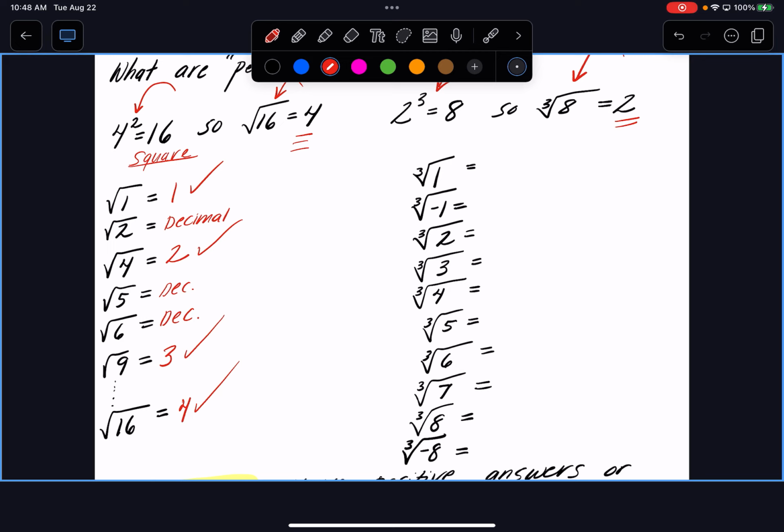Okay, now keep in mind right here, cube roots do not have i's. We'll get into that. So right here, I want to point out something. What's the cube root of 1? It's 1, and here's why. 1 cubed calculates to be 1, true? Which means the cube root of 1 is 1. Now let me point something else out. The cube root of negative 1 is not i.